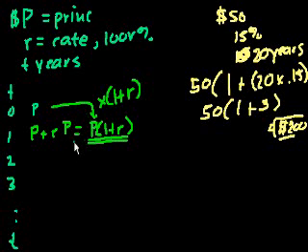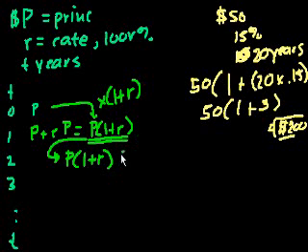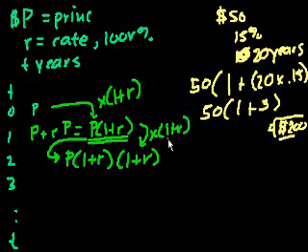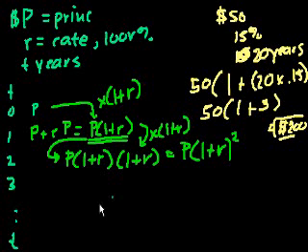So to go into year 2, we're going to pay what we owed at the end of year 1, which is P times 1 plus R. And then we're going to grow that by R%. So we're going to multiply that again times 1 plus R. And so that equals P times 1 plus R squared. So the way you could think about it, in simple interest, we added plus PR every year.